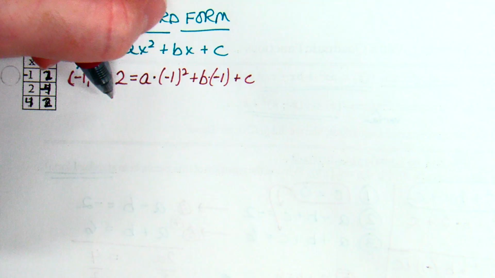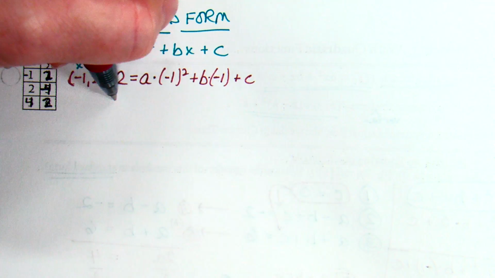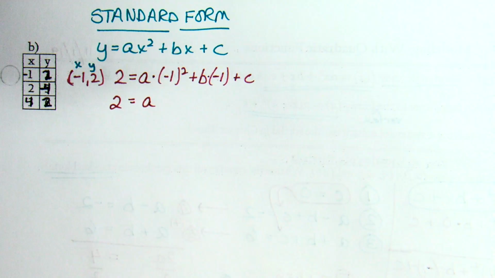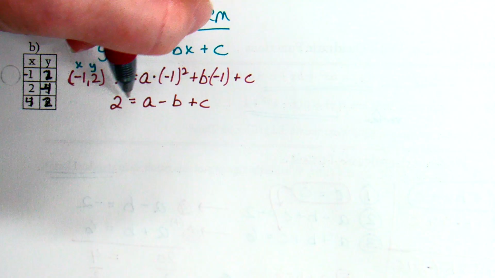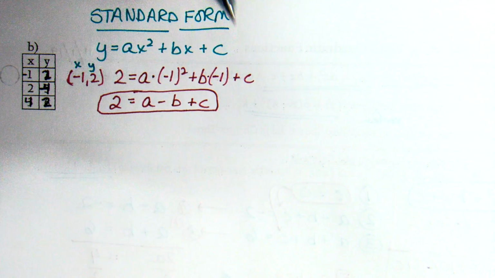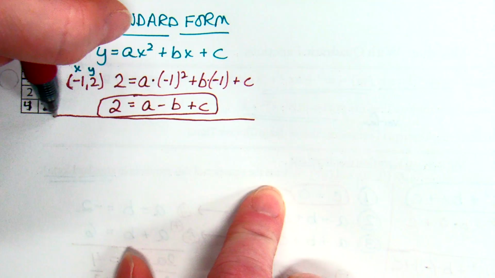Now, so I have 2 equals -1 squared times A is 1A. B times -1 minus B plus C. There's an equation. One down.